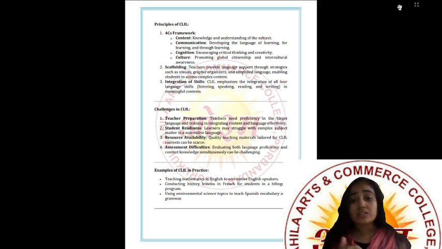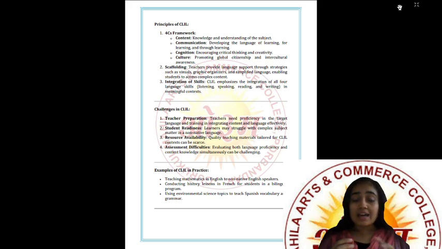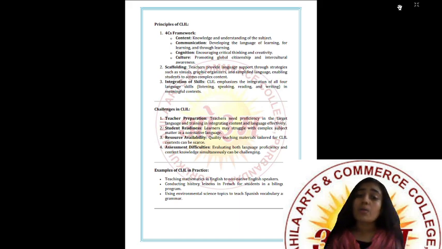Obviously, teachers need proficiency in the target language. Say, for example, if I want to teach you Malayalam, I should be very good or very proficient in the Malayalam language. Then only I will be able to teach you. So the teacher should be aware of the target language and he or she should be proficient in that, and have training in integrating content and language effectively.